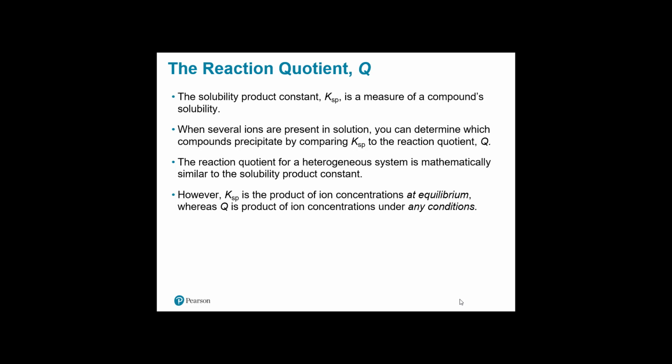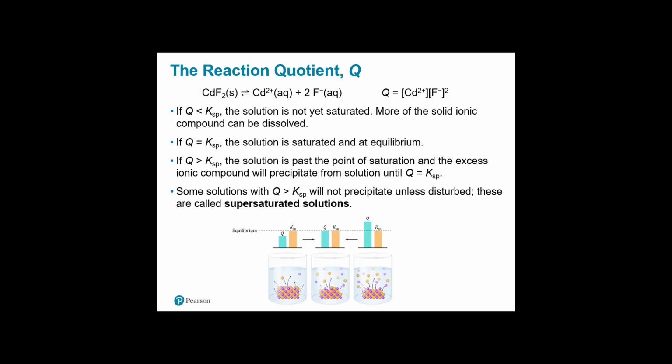Now the big difference between them is KSP is only at equilibrium, whereas for Q the conditions can be any value. Under any conditions you can determine Q, so you can have a measurement of the product of the ion concentrations at any time.